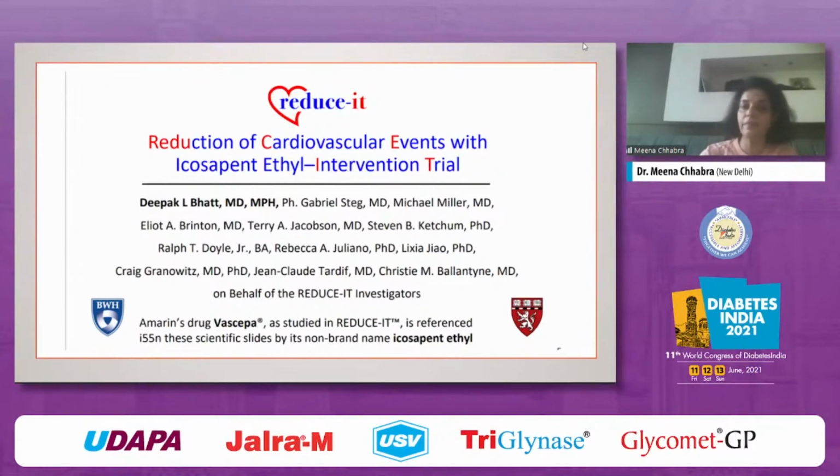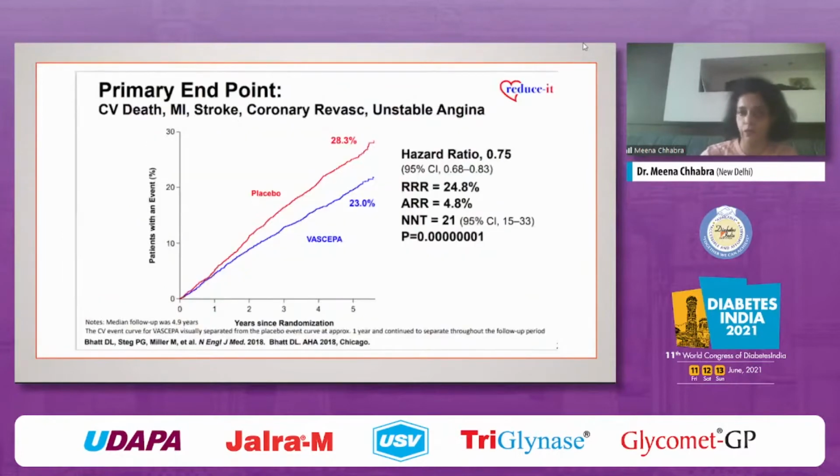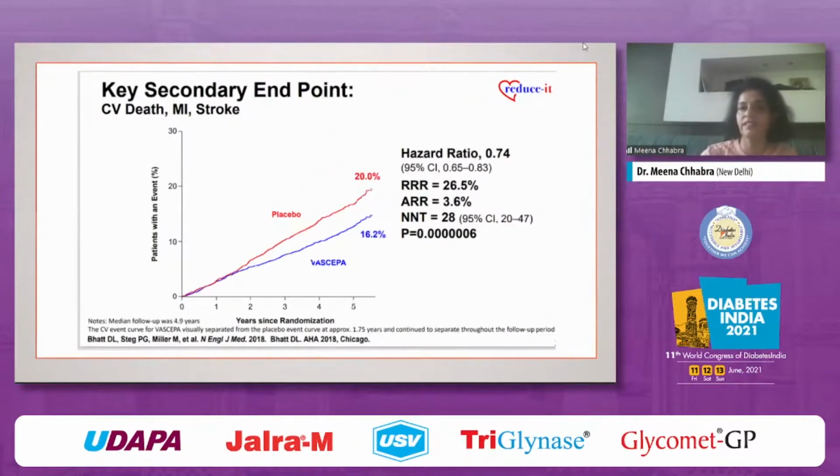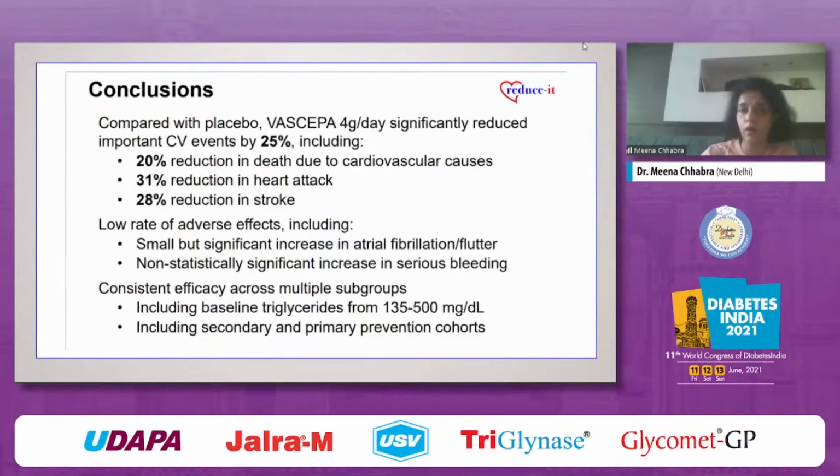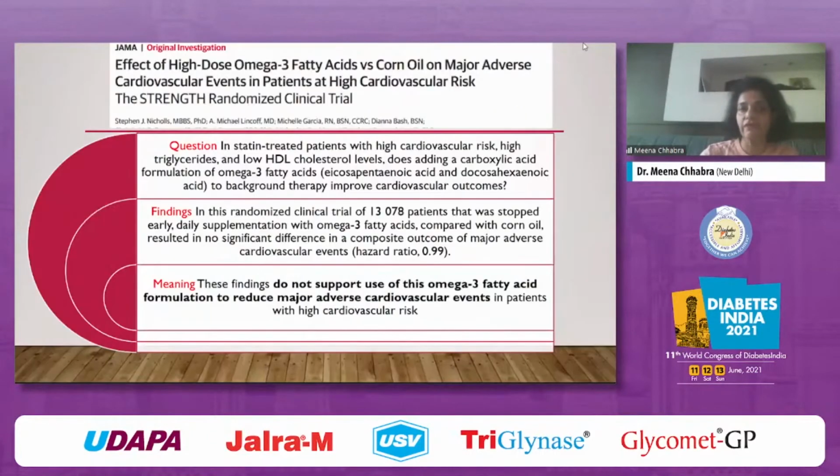It was used in a dose of 4 grams. The primary endpoint was cardiovascular death, MI, stroke, coronary revascularization, and unstable angina. The secondary endpoints were cardiovascular death, MI, and stroke, where it was found that giving 4 grams per day significantly reduced cardiovascular events. So this is a very, very interesting trial.